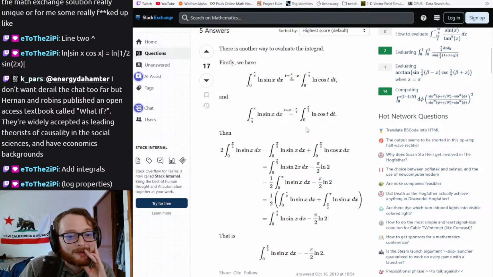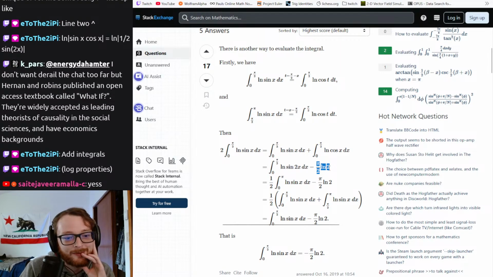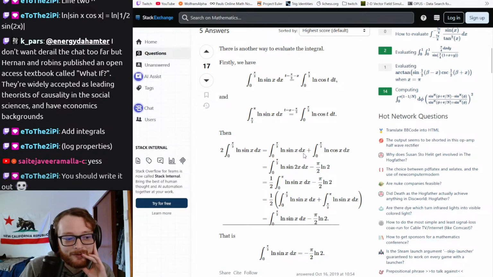Oh. Okay, Zach, I see what you're saying. I'm still not sure where this factor comes from. But okay, they're trying to arrange this because you can use log properties. Wow, that's sneaky.